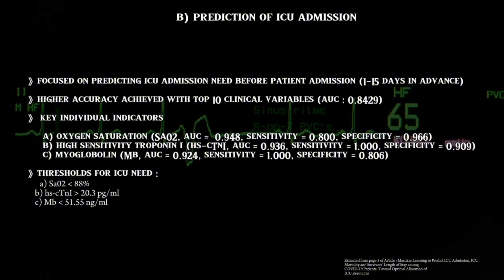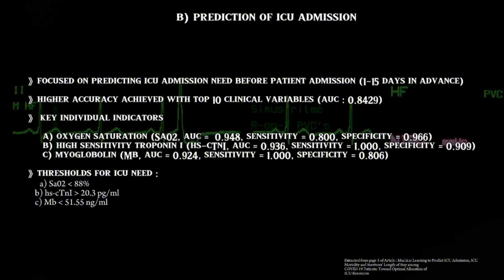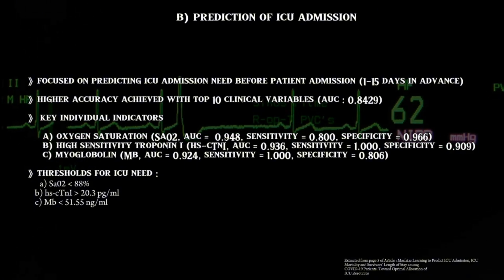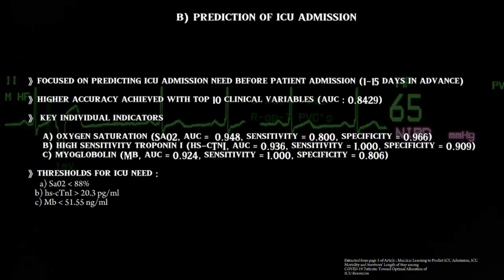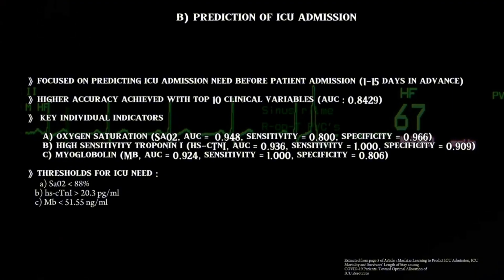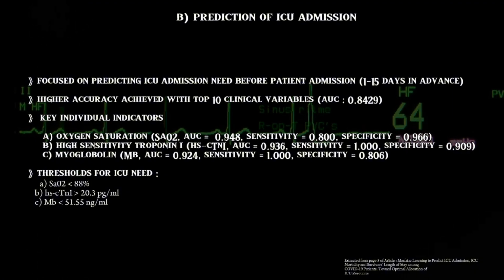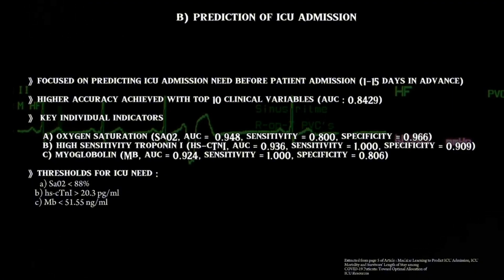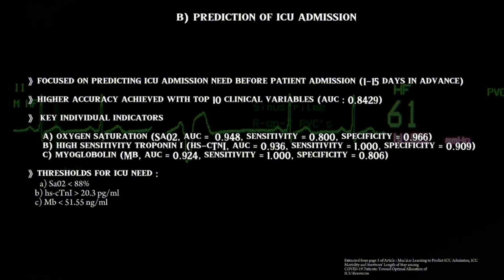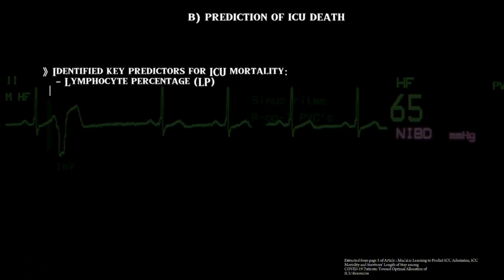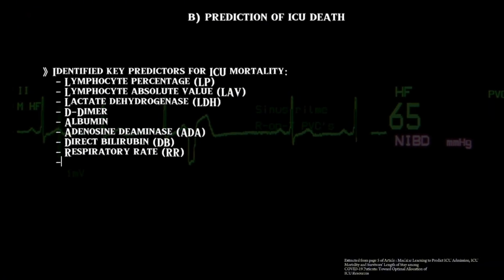Specific thresholds identified were oxygen saturation level below 88%, high sensitivity troponin I levels above 20.3 picograms per milliliter, and myoglobin level below 51.55 nanograms per milliliter. The study also identified key predictors for mortality in ICU patients.